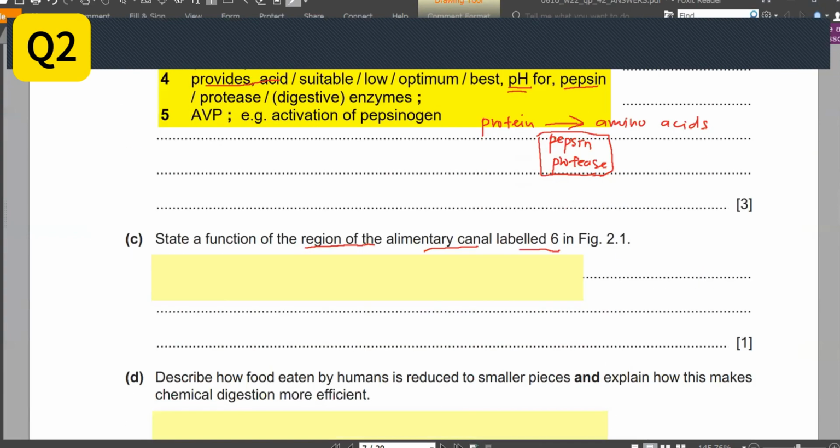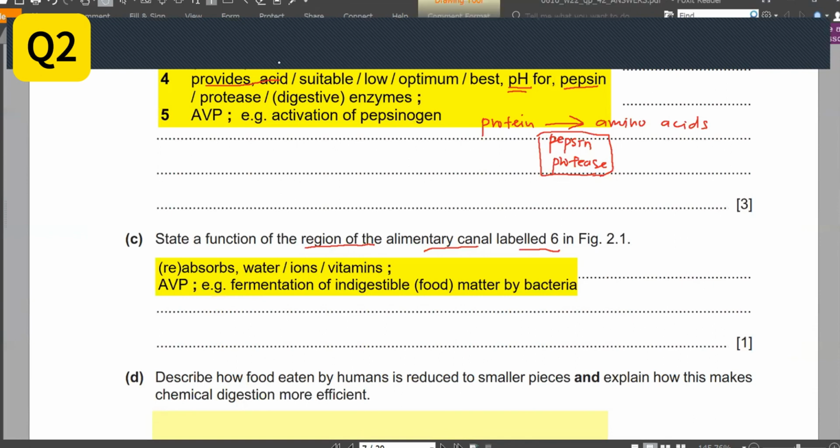So what happens there? You can see here: reabsorb water, ions, or vitamins. These are the main processes that happen in the large intestine. Another possible answer is fermentation of indigestible food matter by bacteria.